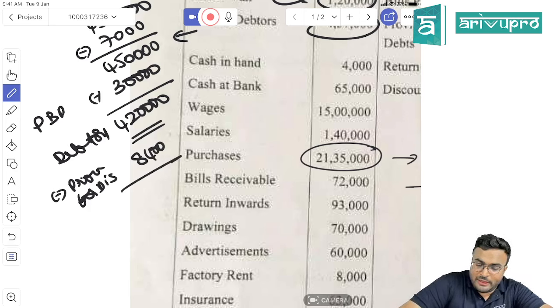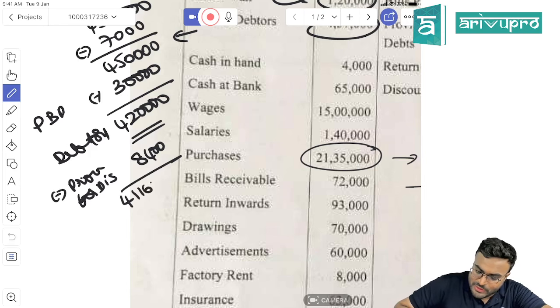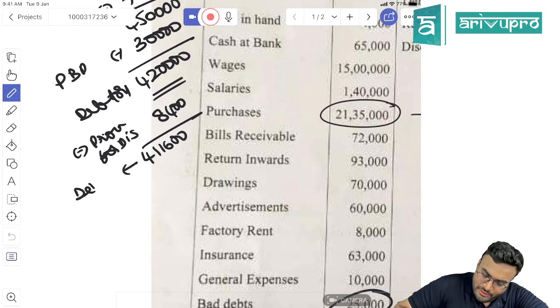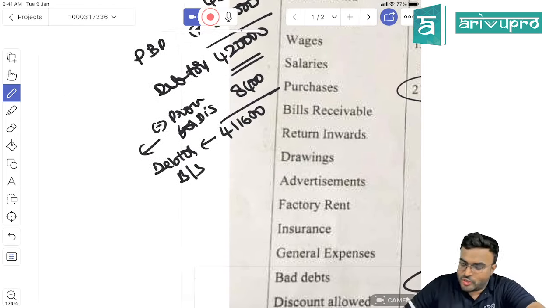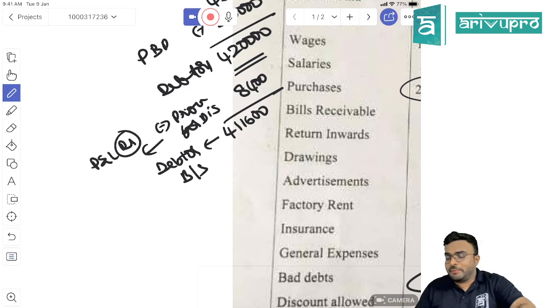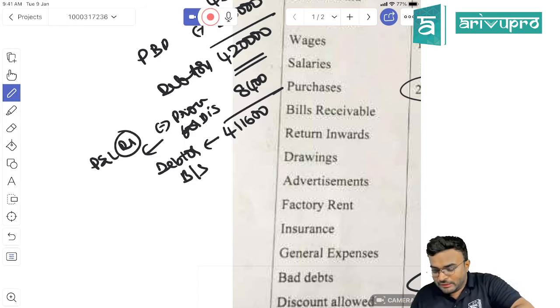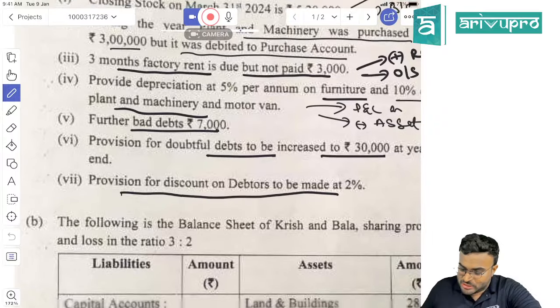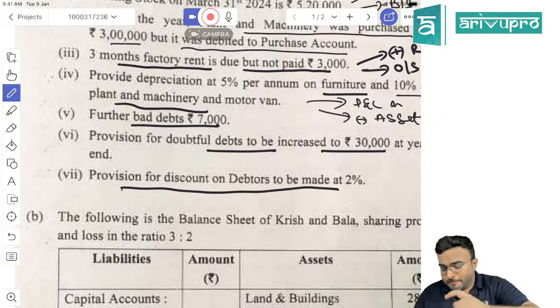Now 4,20,000 minus 8,400 will become 4,11,600. 4,11,600 will be your debtor in the balance sheet. And this provision for discount which you have reduced, this will be debited to P&L as well. Clear? This is the situation for point number 7.